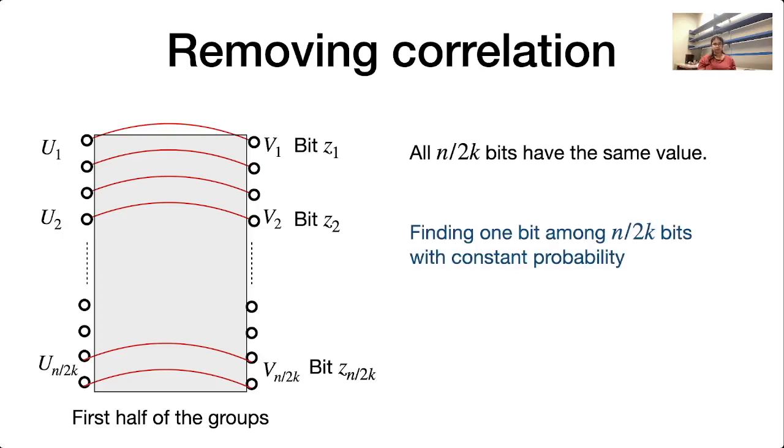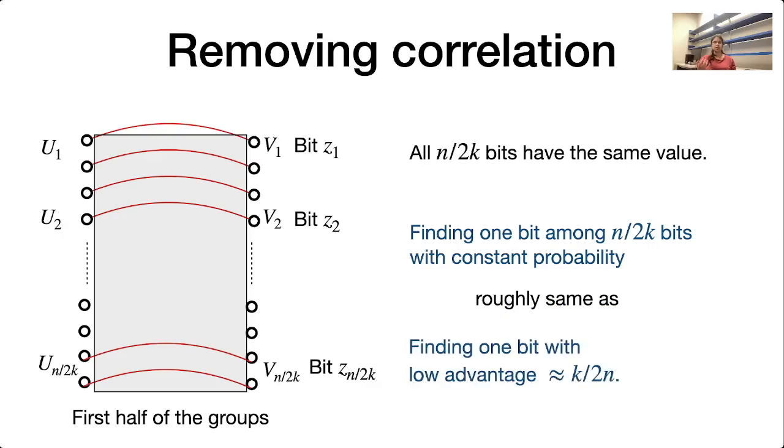What it can do is, if it can find just one such bit specifically with very low advantage, say k over 2n, then with a union bound, it's actually going to find at least one bit and solve the problem.